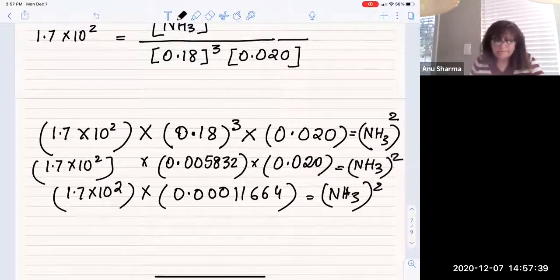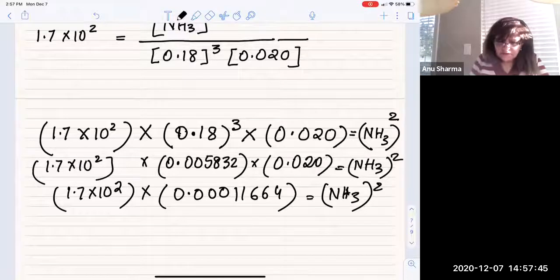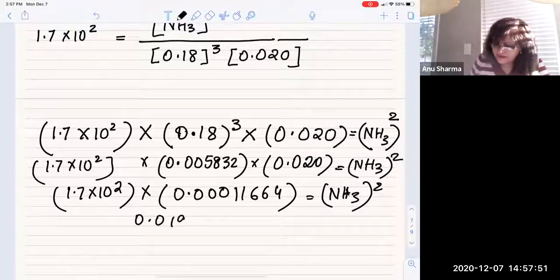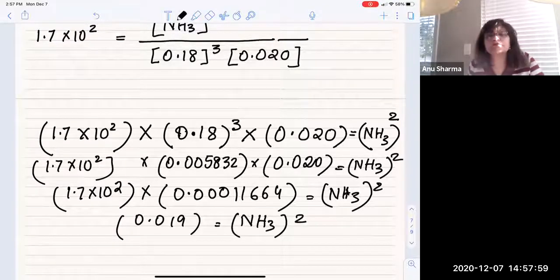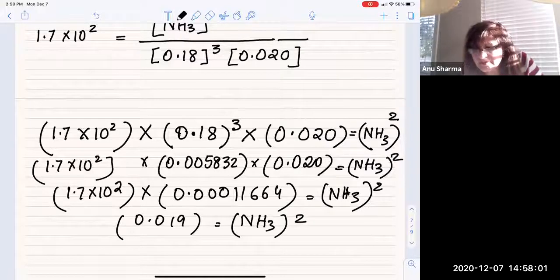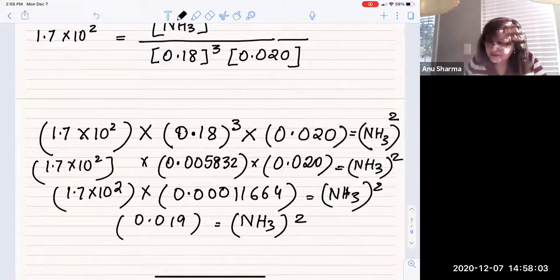All right, this times 1.7. So this comes out to 0.019. NH3 raised to the power 2. Okay, yeah, 19828.